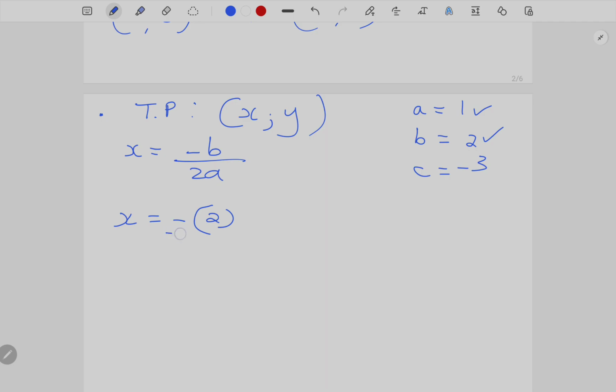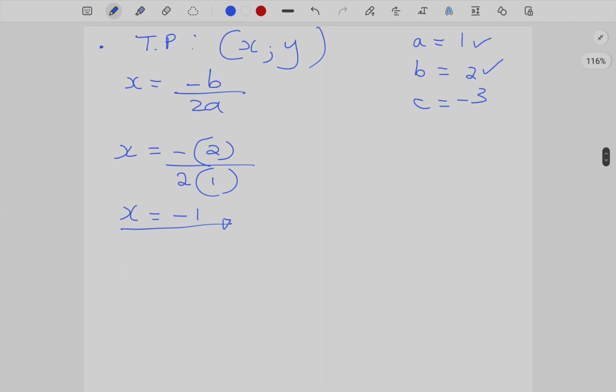It is +2, divided by 2, what is the value of a? It's 1. So x is equal to -2 over 2 times 1, and the answer is -1. So the x value of the turning point is -1.